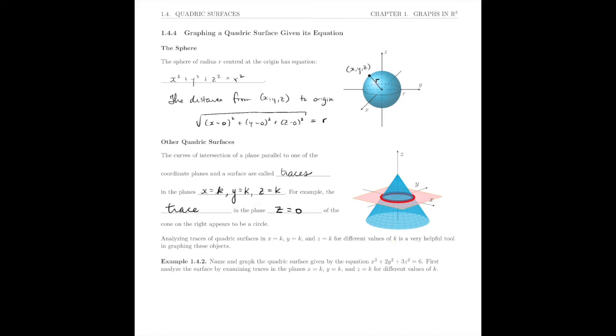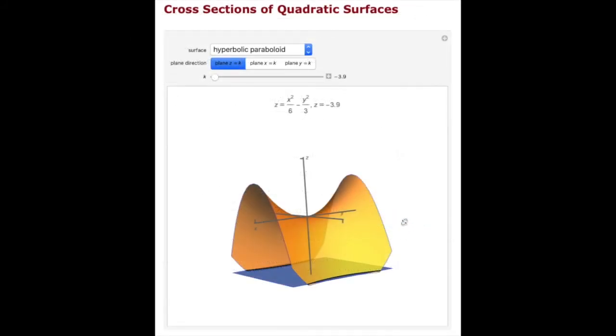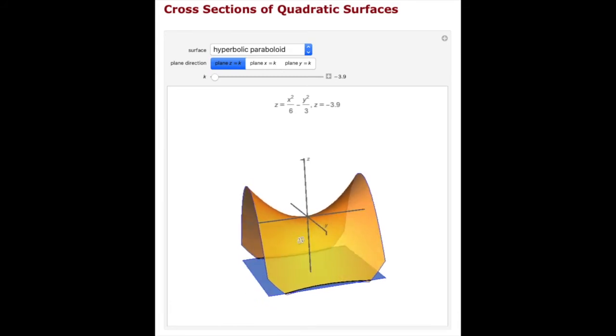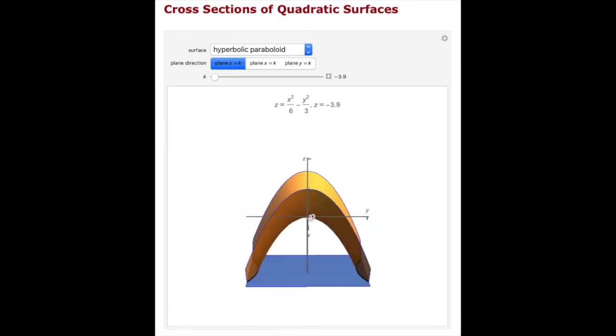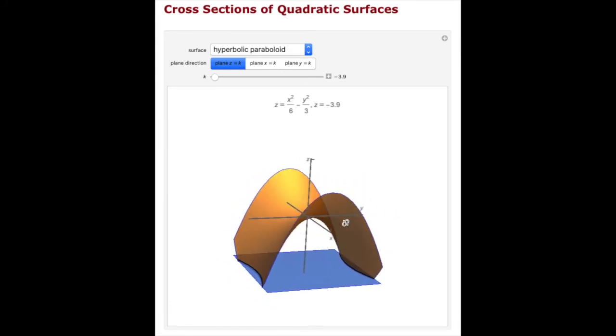Before we start example 1.4.2, which we'll do in the next video, let's look at an animation of a quadric surface being intersected by these different planes and the traces that result. So here we have a hyperbolic paraboloid, our quadric surface that looks like a saddle.